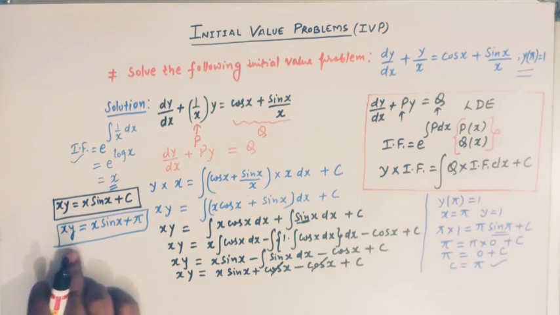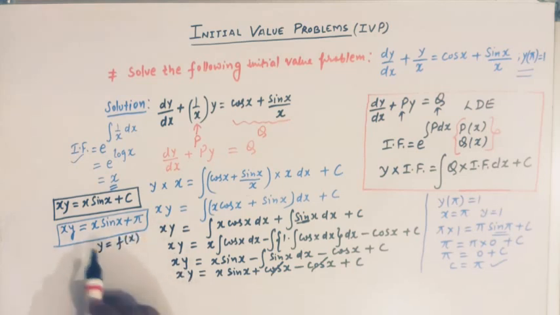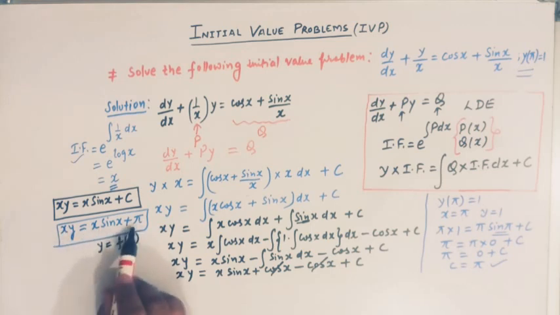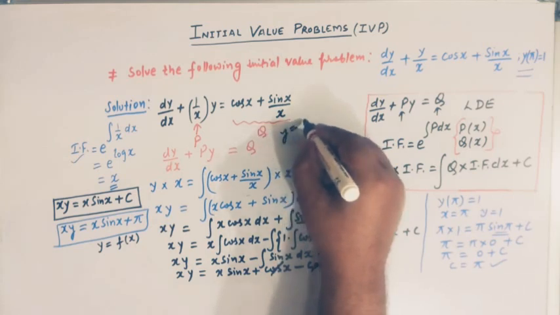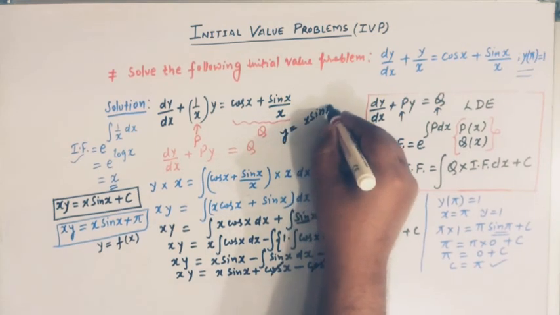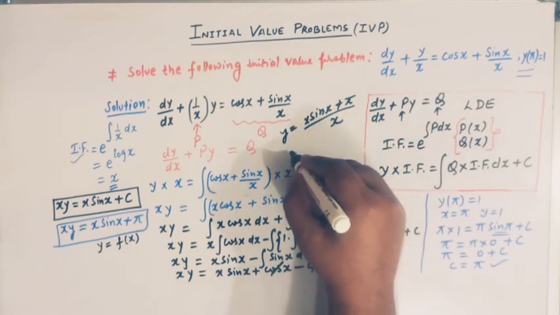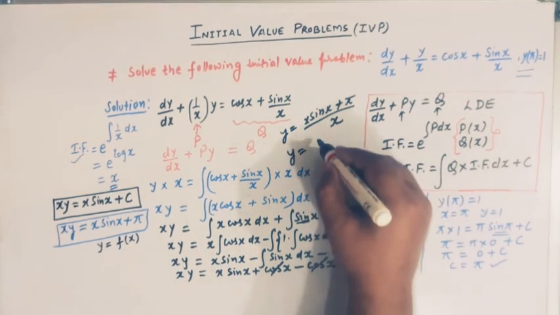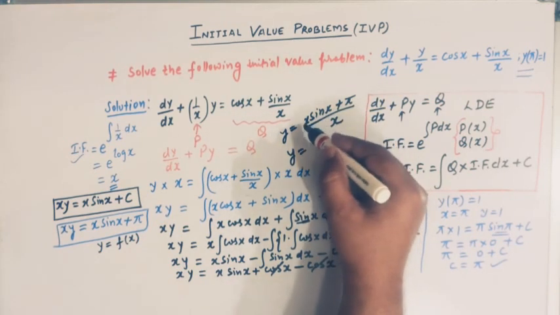Now if we want to express this result in the form of y is equal to f of x, then we can take this x to the denominator here. So we can write y is equal to x sine x plus pi over x, and y can be written as taking x to the denominator of x sine x.